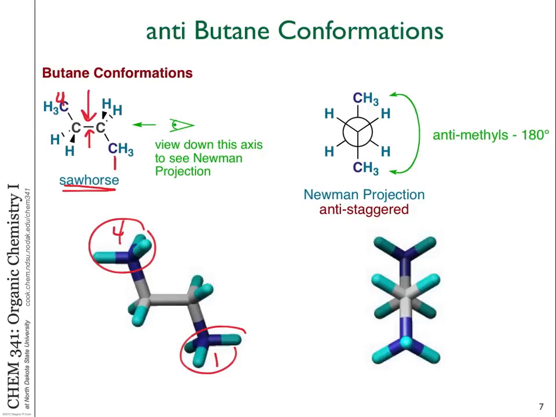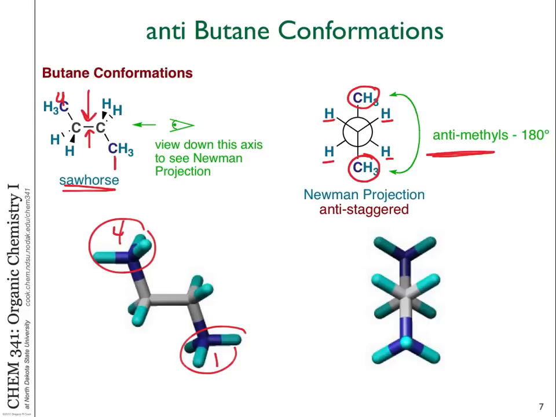I've positioned them in this staggered conformation 180 degrees apart. Okay, we refer to that in butane now, where we have not all the same groups on the front carbon and the back carbon. So we have a CH3 and 2 hydrogens on the front, and a CH3 and 2 hydrogens on the back. So not all the positions are equal anymore.